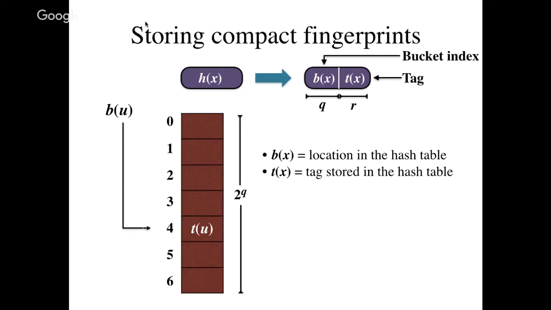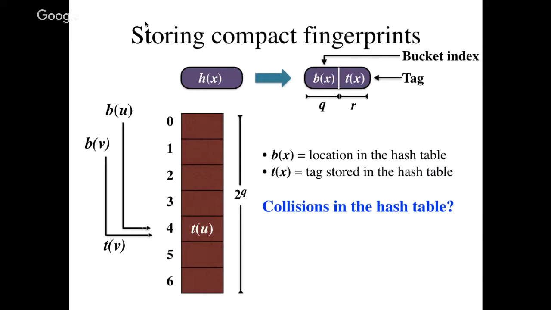For example, if you have an element U and you want to store it, B(U) will give you an index in the hash table, and T(U) is the tag that you're actually going to store in that bucket. The important point here is that we do not store the higher order Q bits. They are stored implicitly in the data structure.